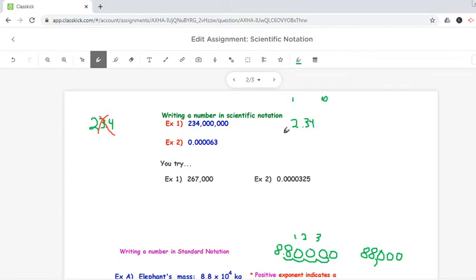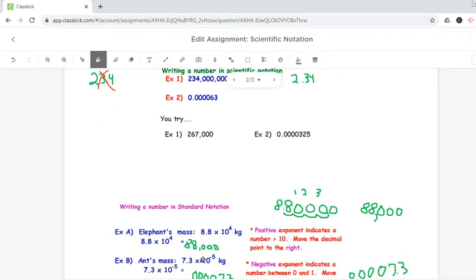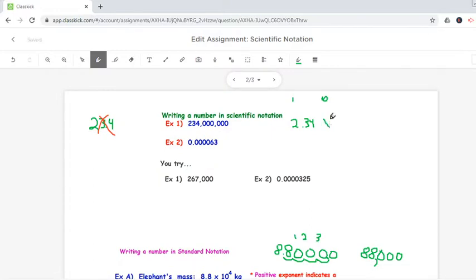Okay. So it's 2.34. And then let's see. So we always do times, right? Times 10 to the something. So times 10. Okay, and let's see. So we want to make this smaller, so we're going to make this 2.34 into this bigger number.